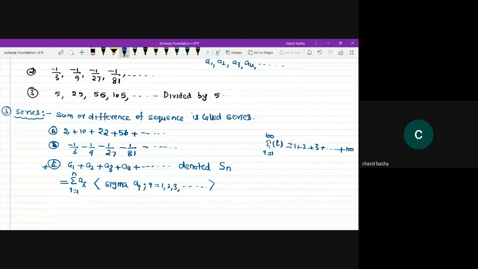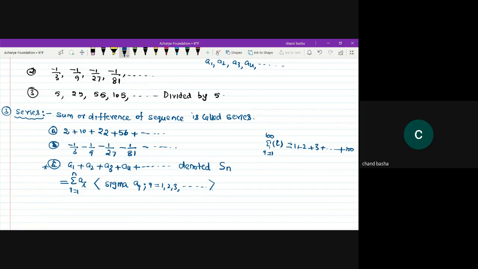Suppose a teacher wants to write 1 plus 2 plus 3 and so on up to 100. A mathematician named Euler, instead of writing these numbers, created one formula, which I can discuss afterwards in the arithmetic progression concept.